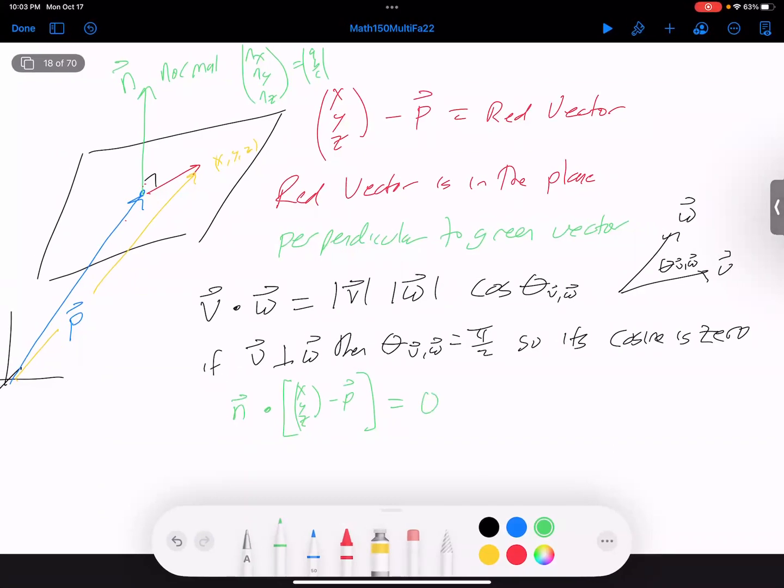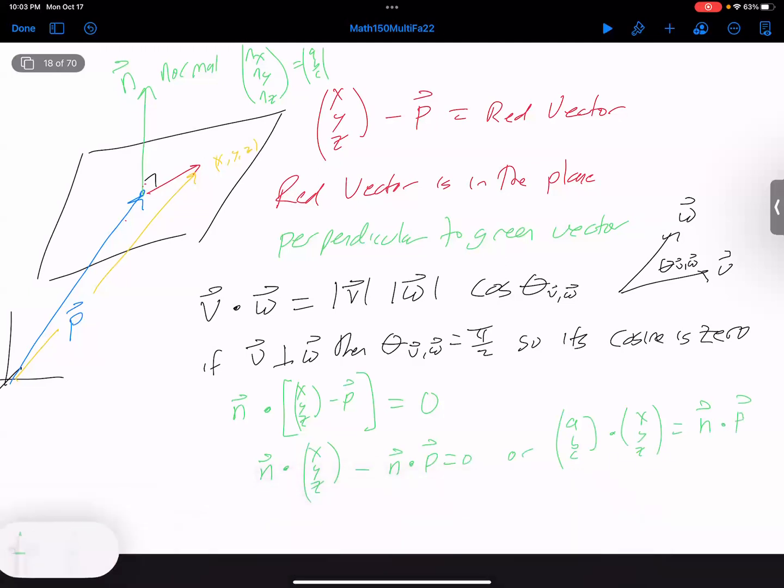So this means the dot product of a difference is the difference of the dot products. So it's n dotted with x, y, z minus n dotted with p equals 0, or A, B, C dotted with x, y, z equals n dotted with p.